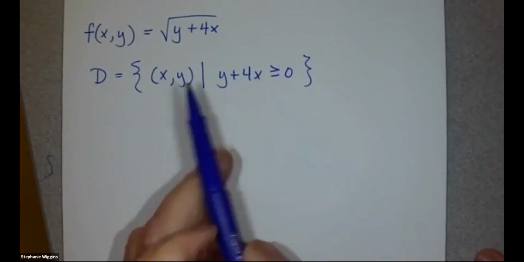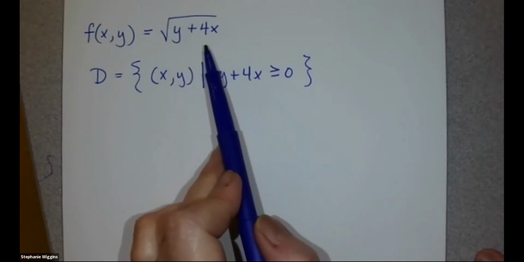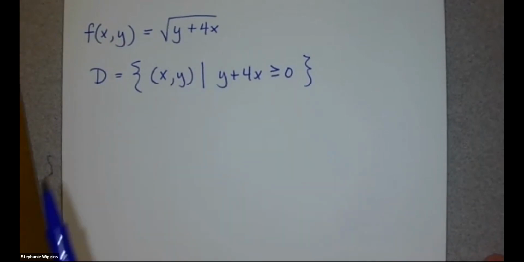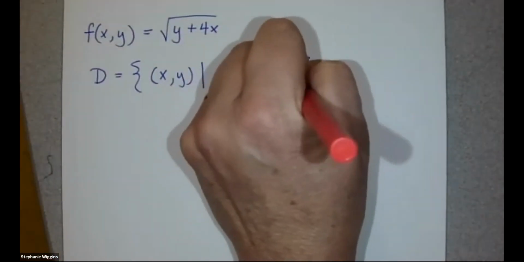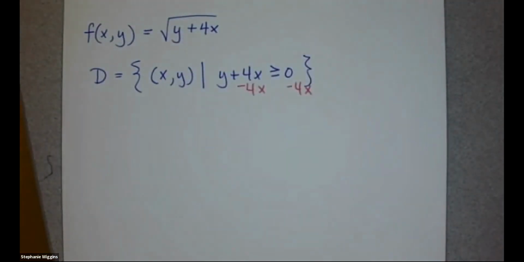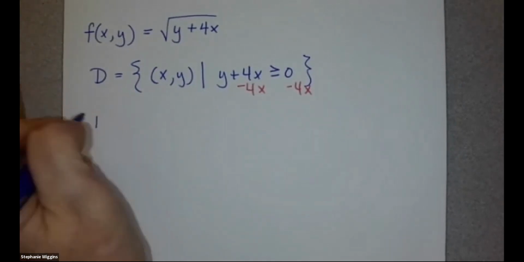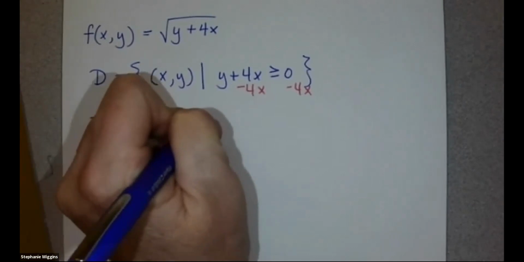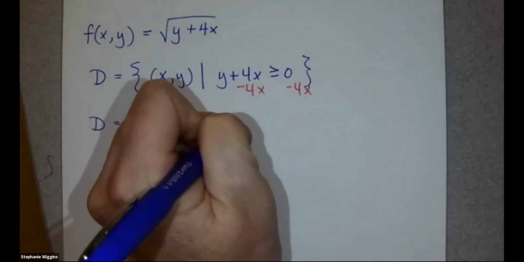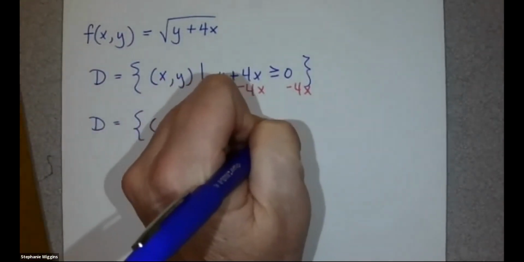Y plus 4x is the radicand. That's what's under the radical. We require that be greater than or equal to 0. And I'll go ahead and solve for y. So I subtract 4x from both sides. And I get that D equals the set of all x, y, such that y is greater than or equal to -4x.